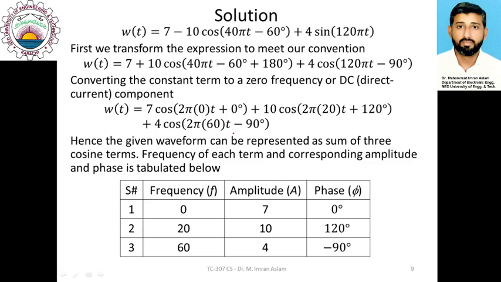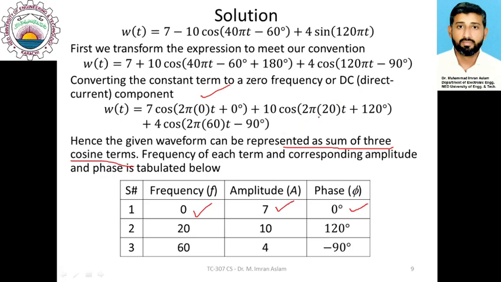We can easily identify the frequencies as well as the corresponding amplitudes and phases. So you can see that our waveform is represented as a sum of three cosine terms, and for each term we have a certain frequency and the corresponding amplitude and phase, which I have tabulated in this table here. For the first term we have a frequency of 0, and at 0 frequency we have an amplitude of 7, and the phase angle at 0 is 0 degree.